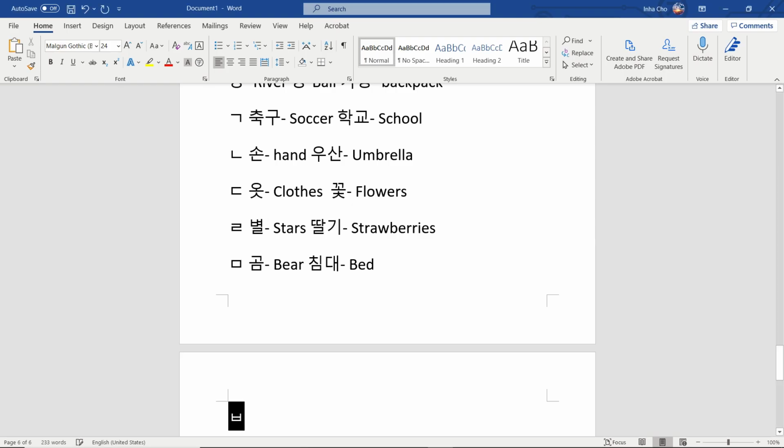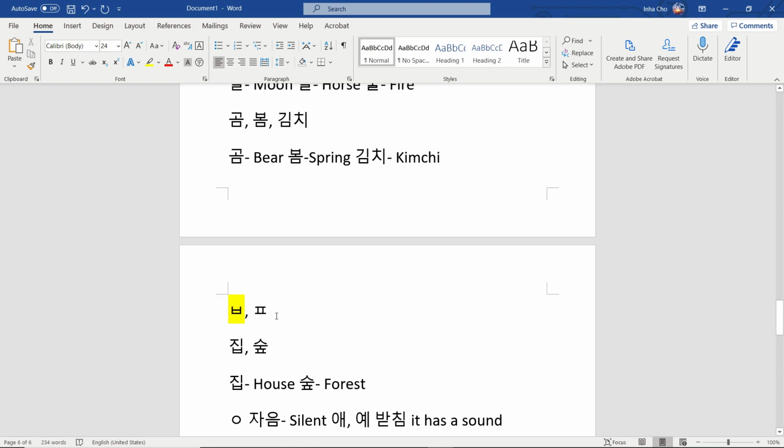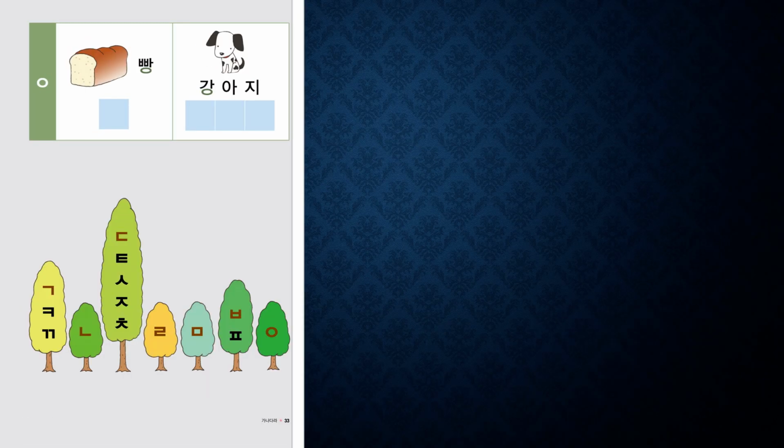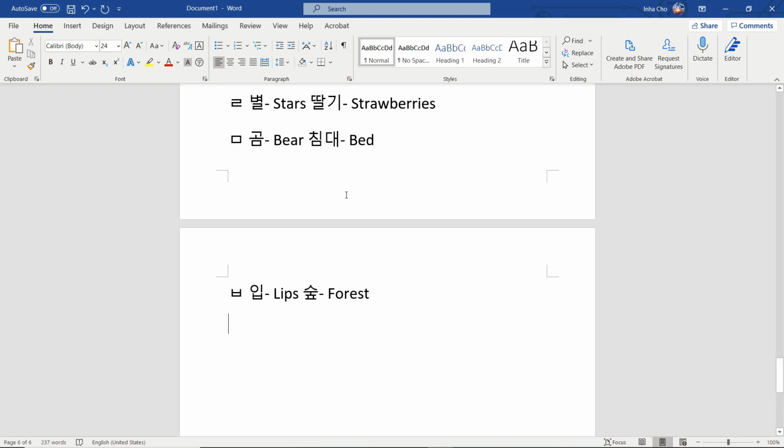And then we have 비읍, we have 잎. Remember, the 비읍 family has two: 입 and 숲. 입 is of course lips. 숲 is of course a forest. And finally, for our last review, we have 이응: 빵, which is bread, and then 강아지, which means dog, puppy.